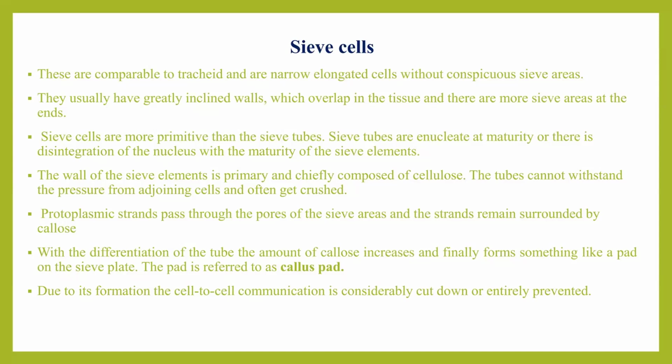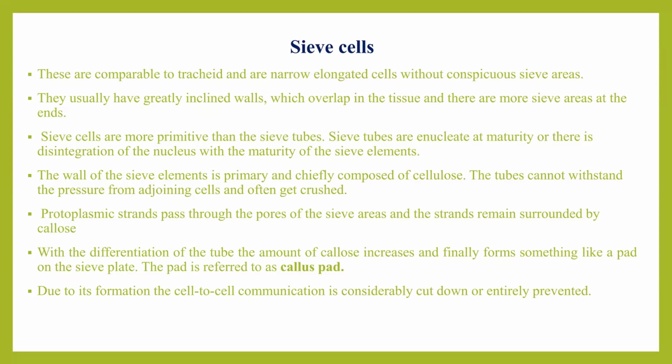Sieve cells are more primitive than sieve tubes, and sieve tubes are enucleate at maturity. They contain a nucleus during development, but later at maturity the nucleus disintegrates with the maturity of the sieve elements.